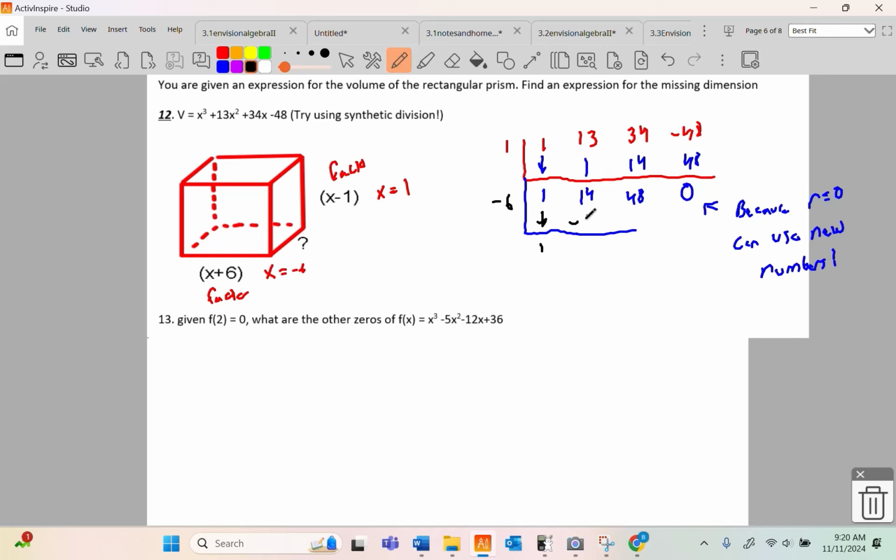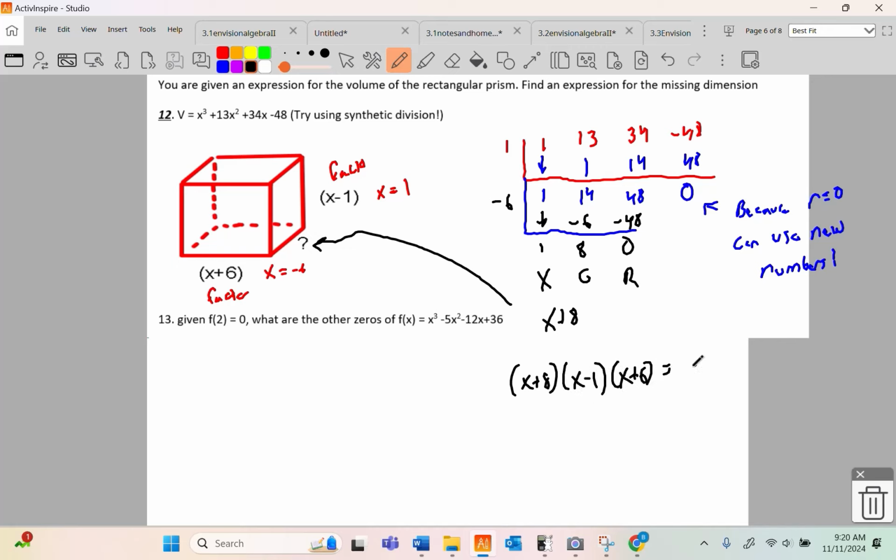We drop, we multiply, and we add. We multiply, and we add. Remainder, constant, x. This is x plus 8, which is the missing piece. It turns out that x plus 8 times x minus 1 times x plus 6 is in fact x cubed plus 13x squared plus 34x minus 48.